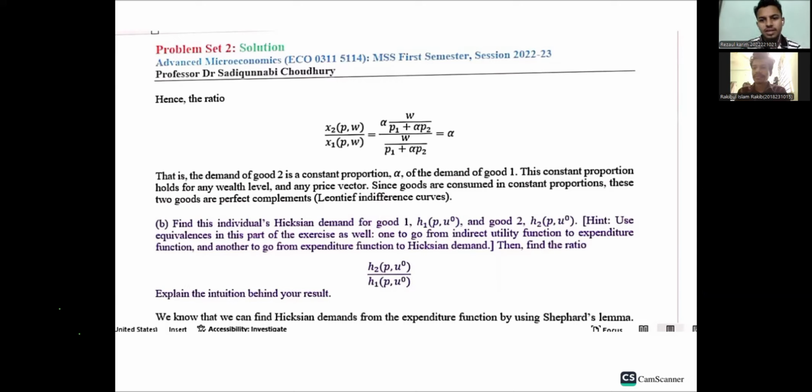A hint is given to use the equivalence in this part of the exercise as well, where we want to go from the indirect utility function to the expenditure function, and a Hicksian demand ratio is given. Now please go to the next slide where the solution is given.